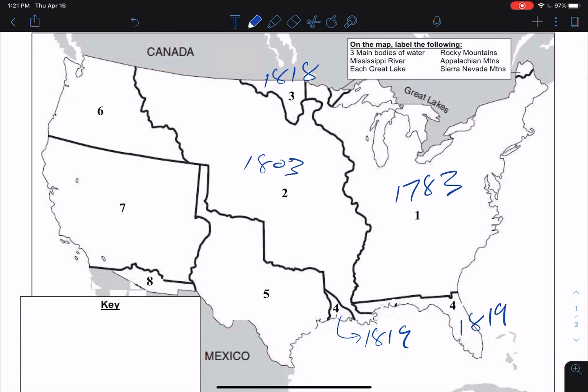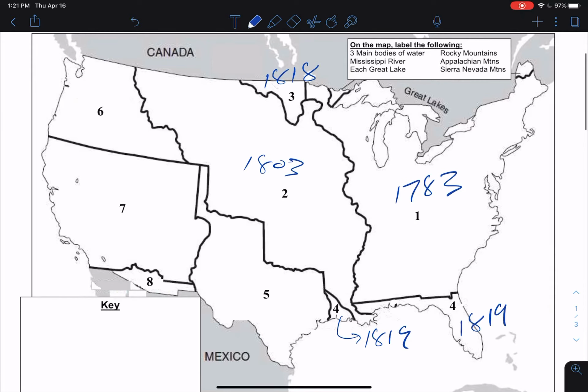And then we move on to Texas with the Treaty of Guadalupe Hidalgo, and the annexation of Texas and everything from 7th grade. Hopefully you remember that we annexed Texas, or added Texas, in 1845. Okay. And then if you look over here, section 6, 1846.